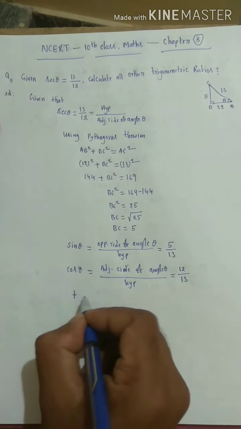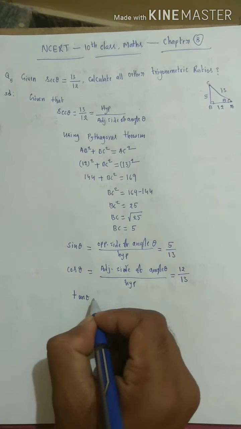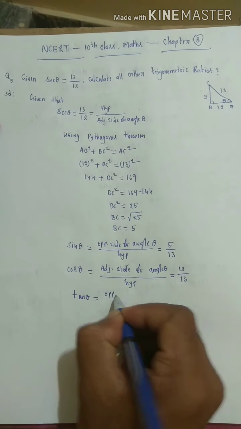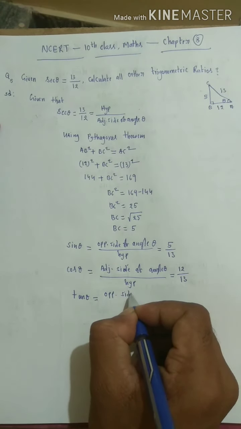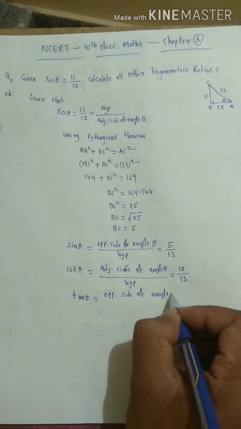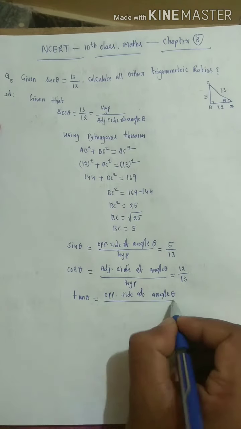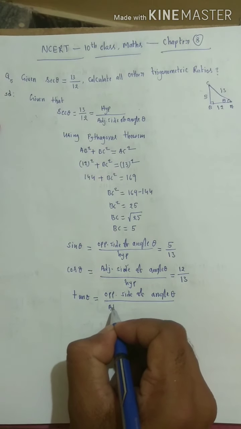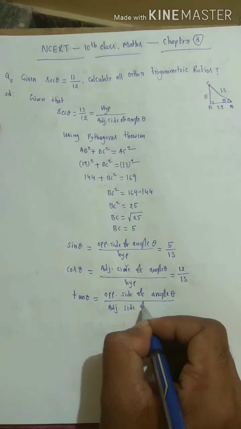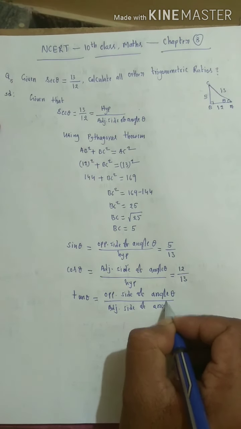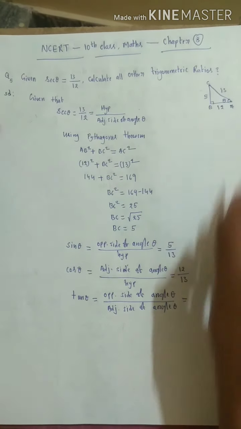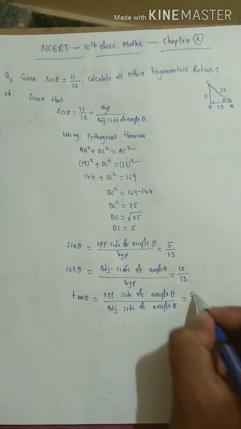Next, tan theta. Tan theta is equal to opposite side of angle theta upon adjacent side of angle theta. Opposite side of angle theta is 5 units.